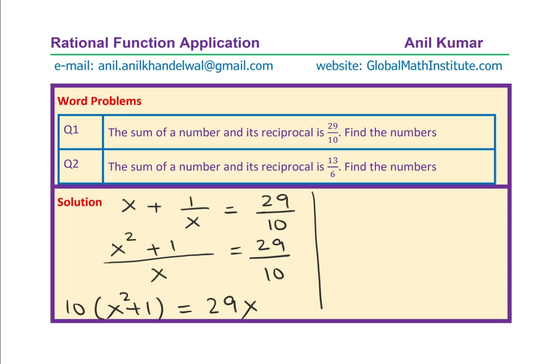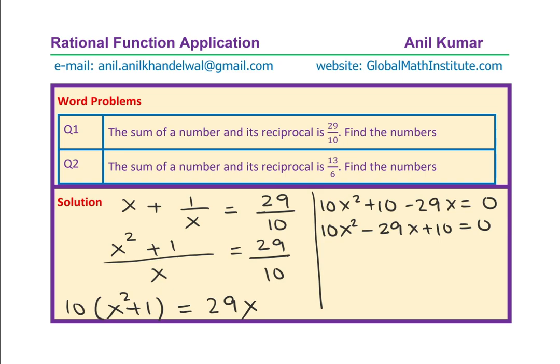Open the bracket: 10x squared plus 10 minus 29x equals 0. Can you factor this? Let's rearrange. 10x squared minus 29x plus 10 equals 0.